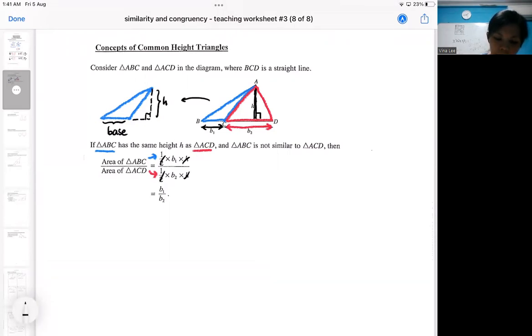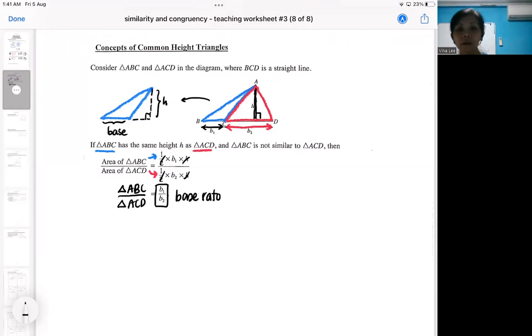Finally, I'm just left with the base ratio. So in this case, the area ratio is reduced to the base ratio. There is no squaring here, because it's not similar. If it's similar, you square. If it's not similar, you have to take the base, and if it's common height, it has to be the base ratio.